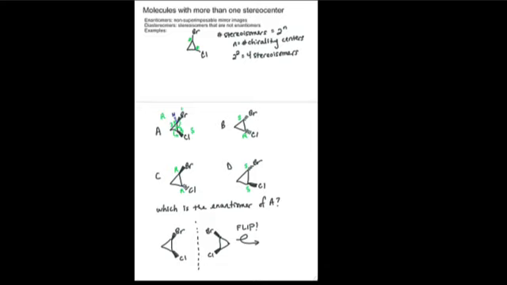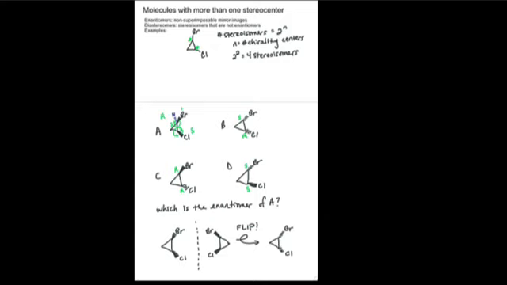So if you had the molecular model, this would just be rotating it around until you have the bromine pointed back and the chlorine pointed back. So you're flipping the molecule. And so everything that was on a wedge is now on a dash. What was pointed forward is now pointing backward.